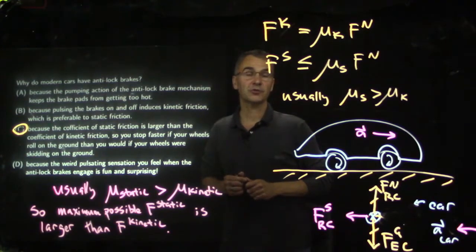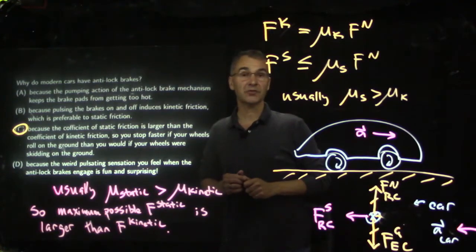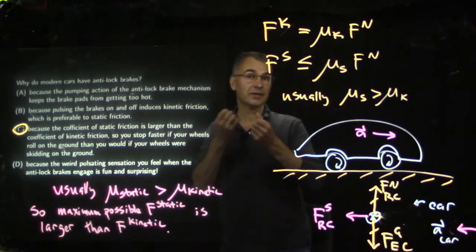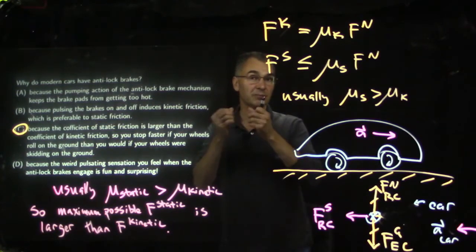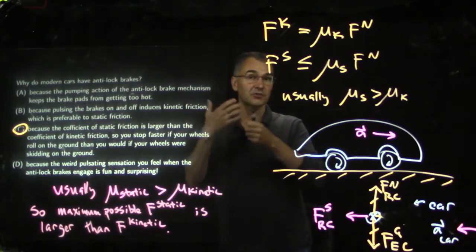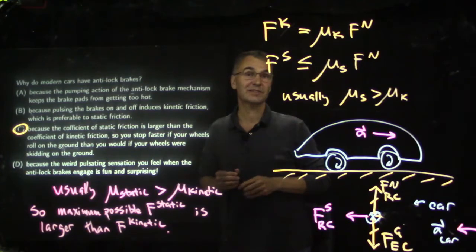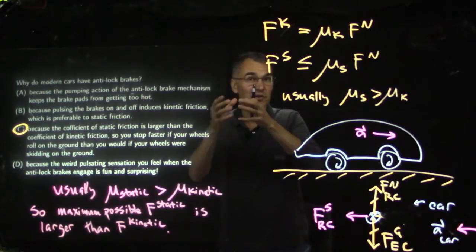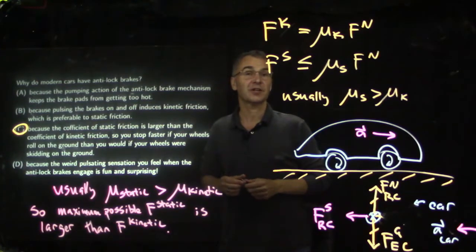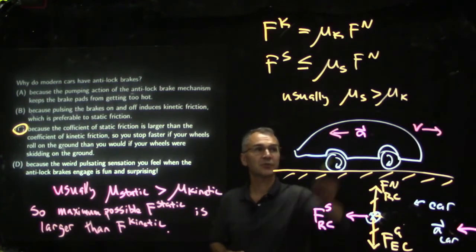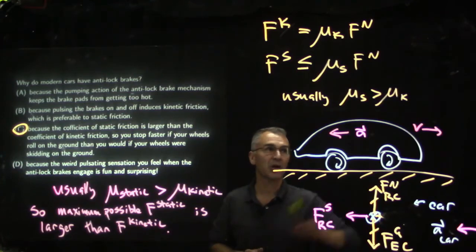So you want to slow down as quickly as you possibly can without letting the wheels slip. So the car somehow has to sense, how quickly can I slow down without letting the wheels slip? And if they start to slip, then it says, okay, I'm trying to slow down too quickly, so I have to let go and back off a little bit and then brake a little bit more gently than I was just a moment ago.